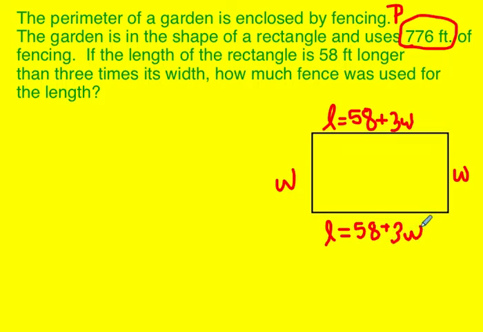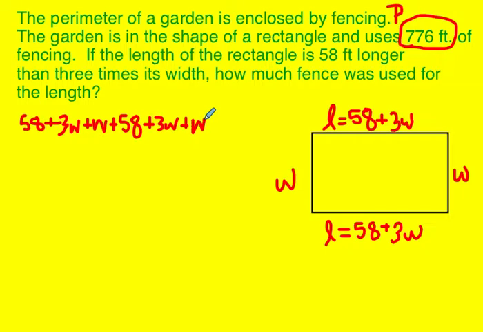So now we can set up our equation. We know now that perimeter means add up all of the sides. So I have the top plus the right side plus the bottom plus the left side.